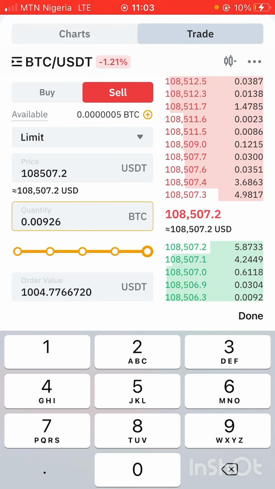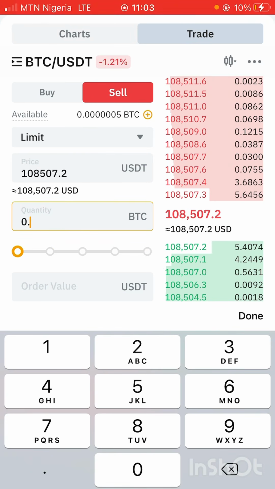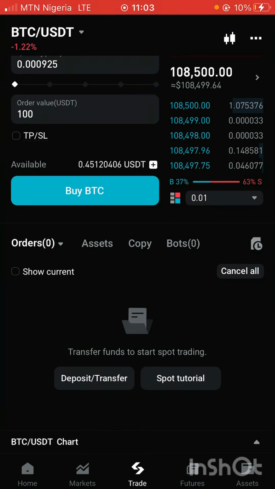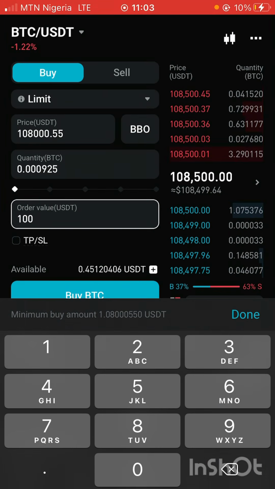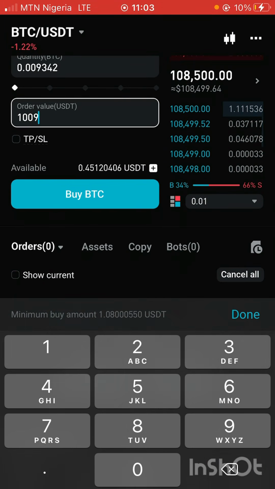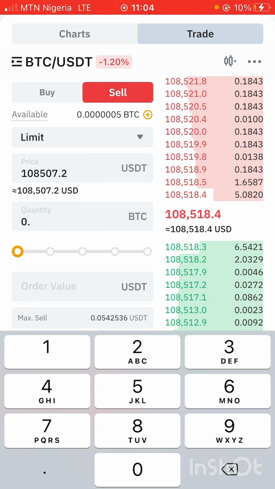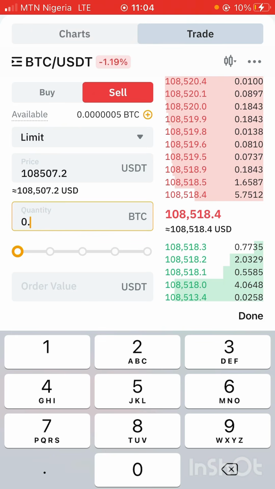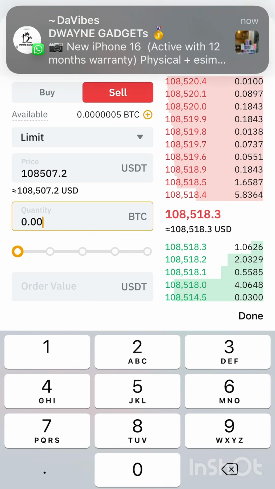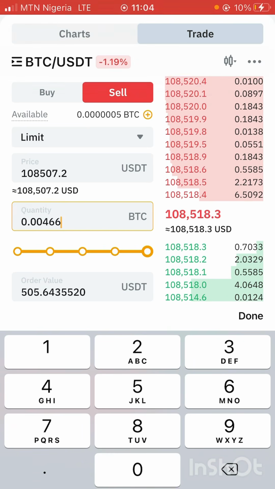Let's also try with lesser amounts. If you don't have 100 USDT, I believe you're going to have at least 50 USDT. Putting here 50 USDT, you're going to be getting 0.00462. Now if you come back here and put the quantity of BTC that you want to sell, which is 0.00466, sorry, I made a mistake, guys.